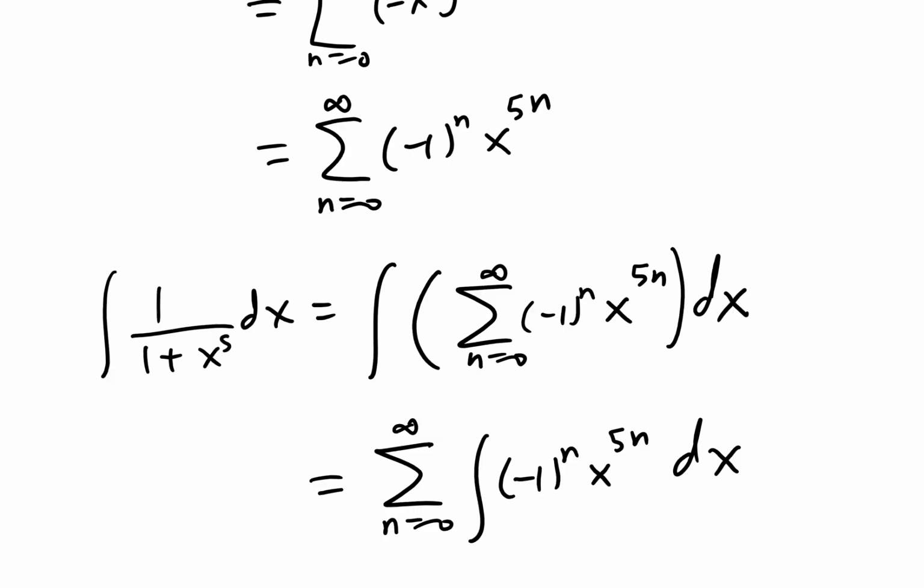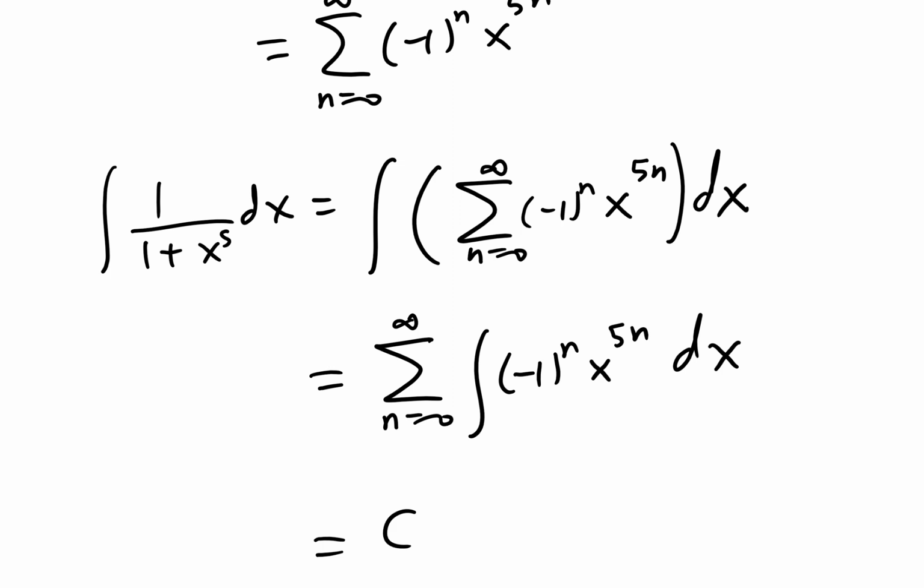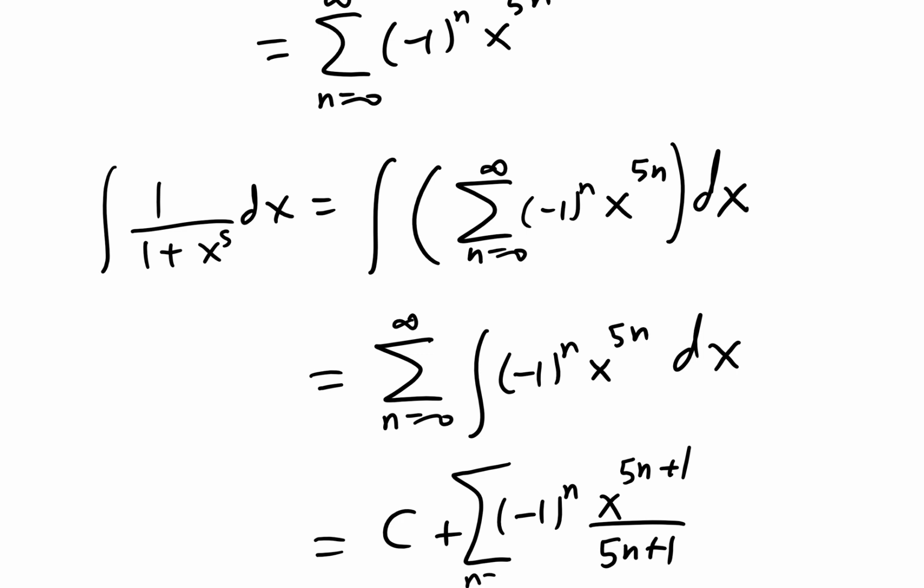When we integrate something like this, we start with the c plus, keep the negative 1 to the n the same, x to the 5n plus 1 over 5n plus 1. And don't forget the sum. So that would be the answer to that integral as a power series.